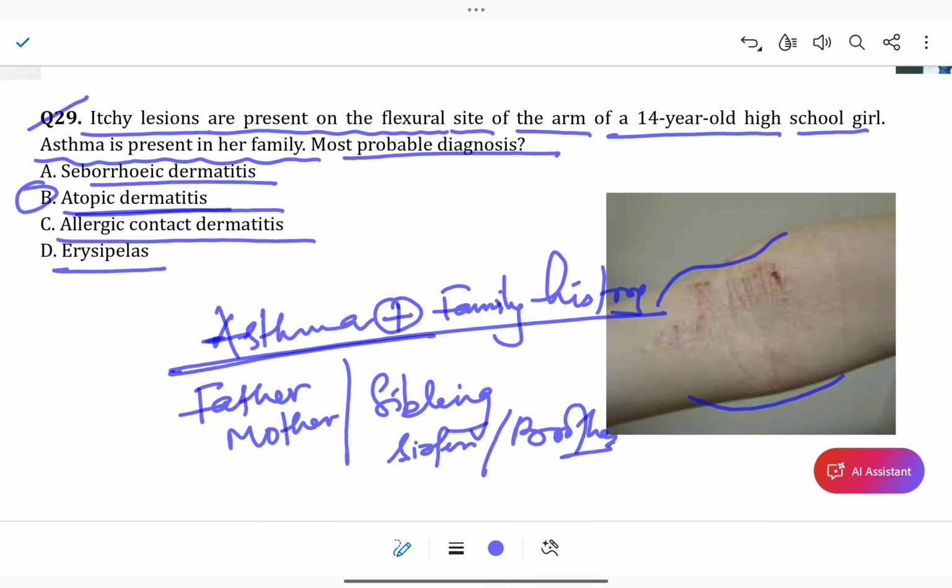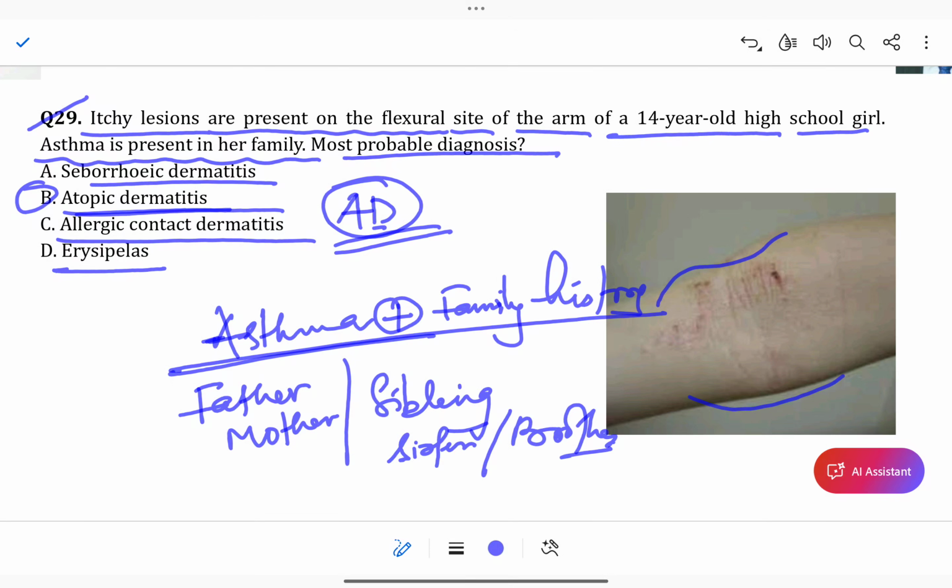Atopic dermatitis. Why? Because pruritic flexural lesions plus family history of asthma indicate atopic dermatitis, AD.